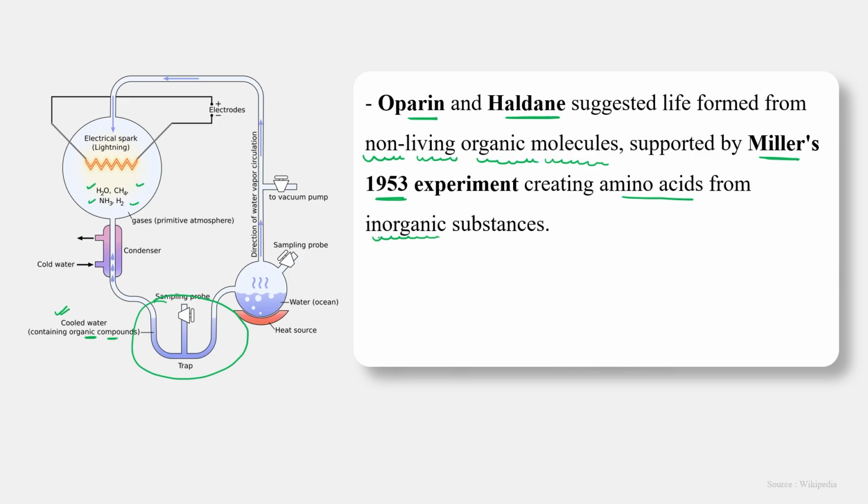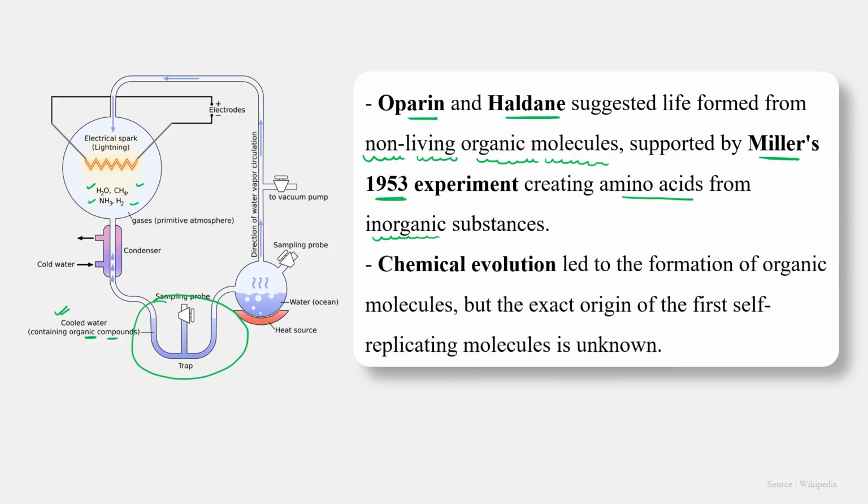So this is known as Miller's experiment, performed on the basis of the Oparin and Haldane theory. Some other scientists also performed the same kind of experiment and got other organic molecules known as biomolecules, like amino acids and fatty acids.